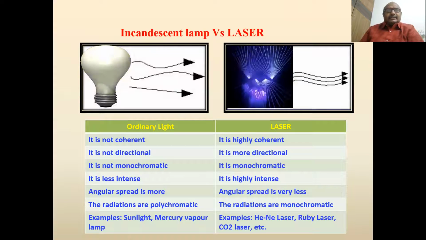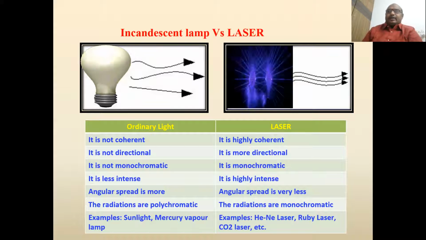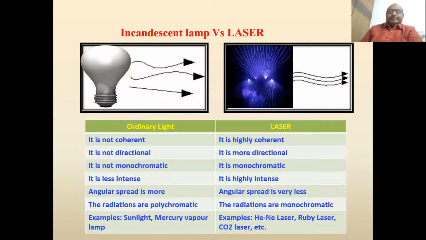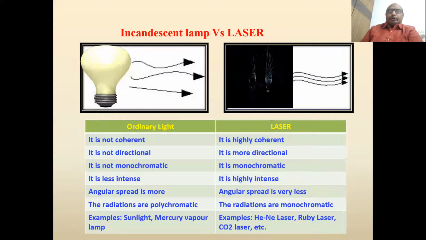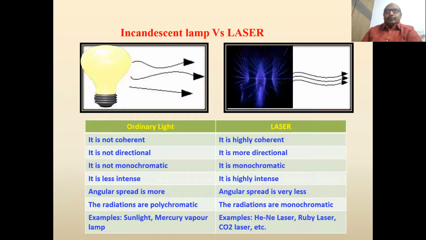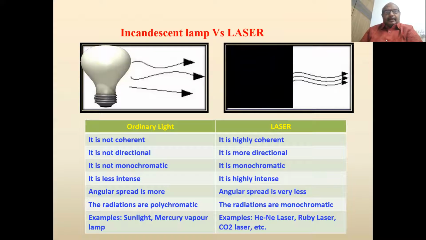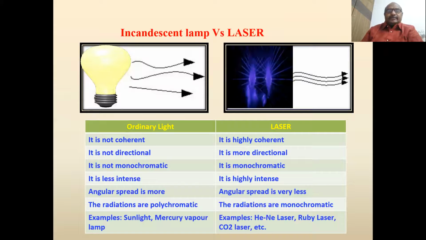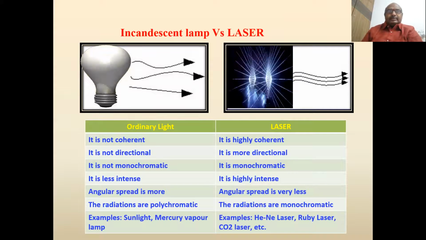What is the difference between normal light and laser light? Normal light is not coherent, not directional, and not monochromatic. The intensity of the light is very low, and the angular spread is large. The radiations are polychromatic, examples being sunlight and mercury vapor light.